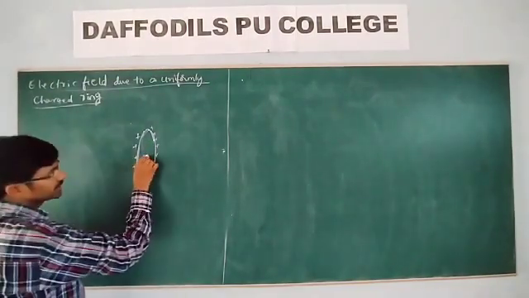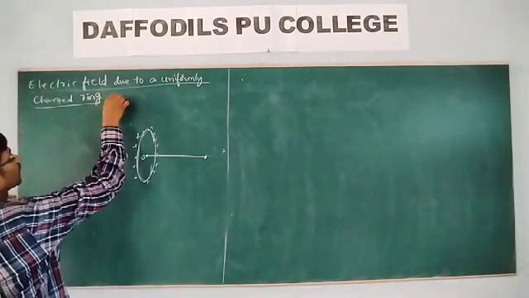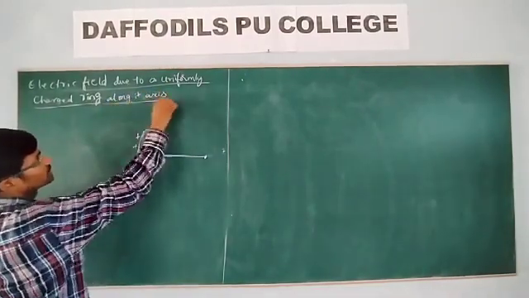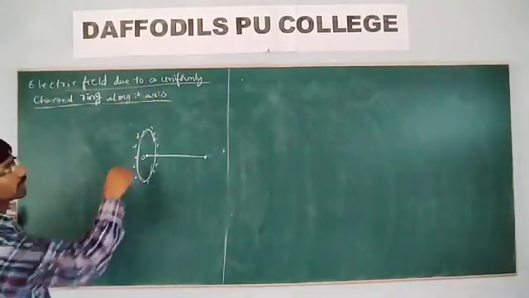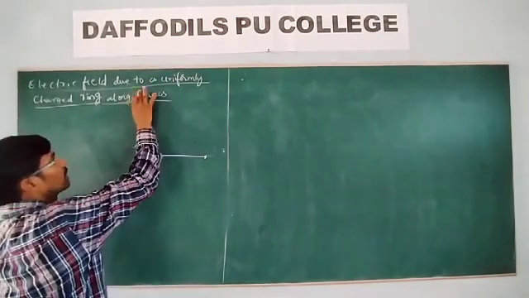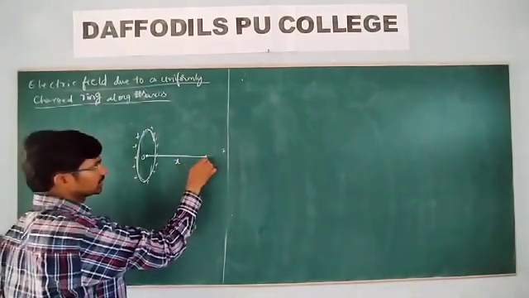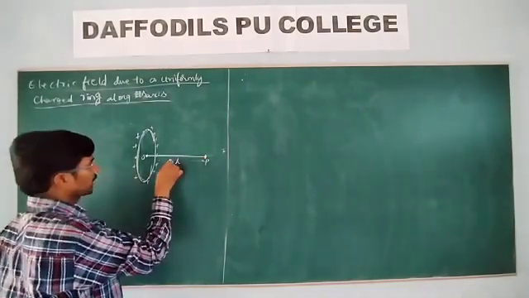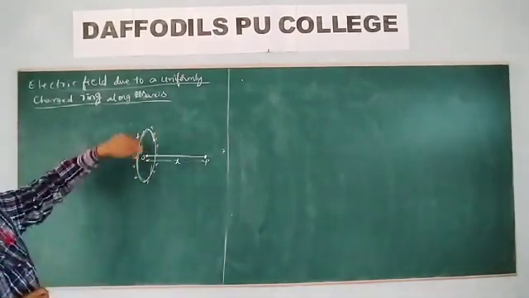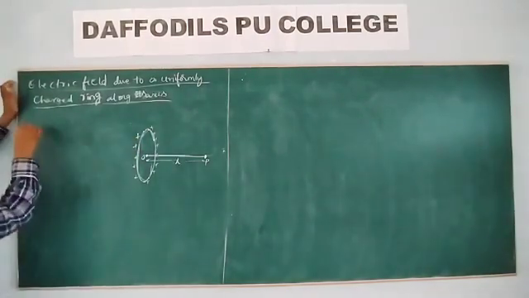And at a distance x along its axis, electric field due to a uniformly charged ring along its axis. Now at a point P, which is at a distance x, we need to calculate the electric field due to this ring.